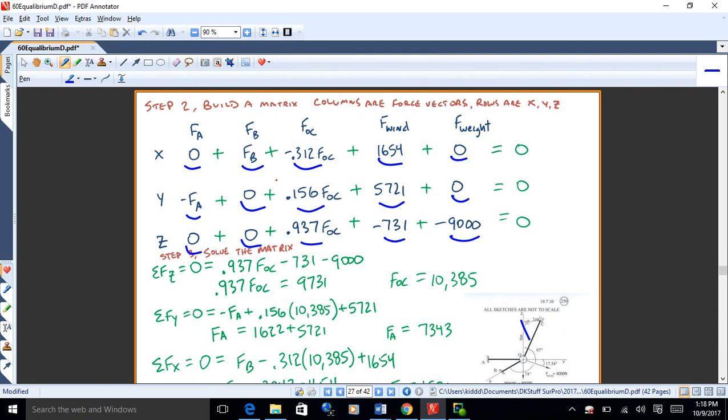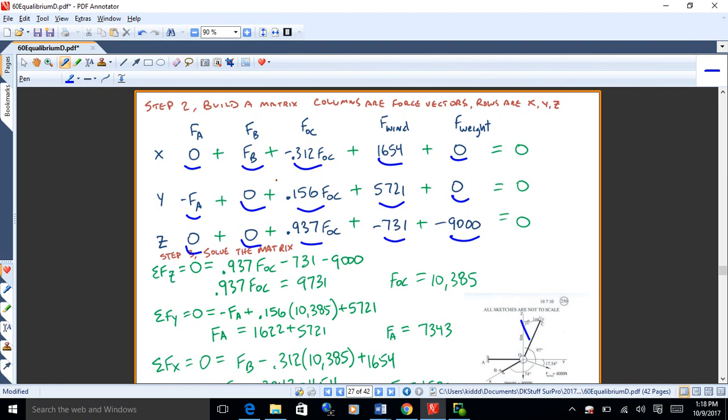Okay. So I'm just taking that matrix and putting the appropriate signs in there, plus signs to add everything up, and then setting them equal to 0, and that gets me 3 equations and 3 unknowns. So that's step 2, build a matrix.